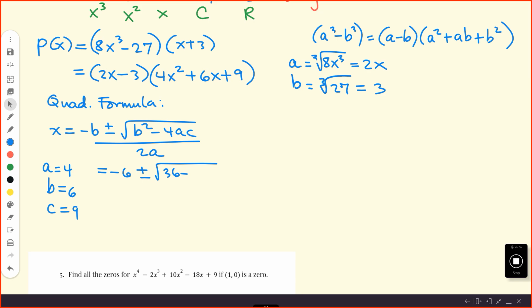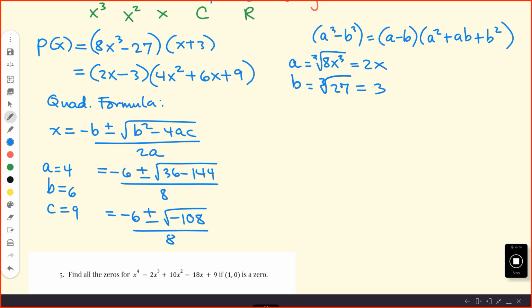Negative 16 times 9 is 144, all over twice the a. I just plug it in directly because it would be longer to plug in each one by one. So that's negative 6 plus or minus the square root of 36 minus 144, which is negative 108, all over 8.